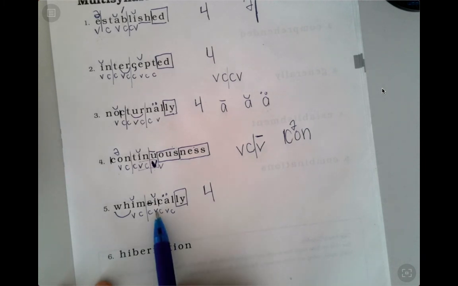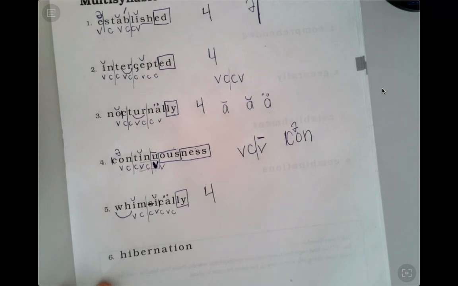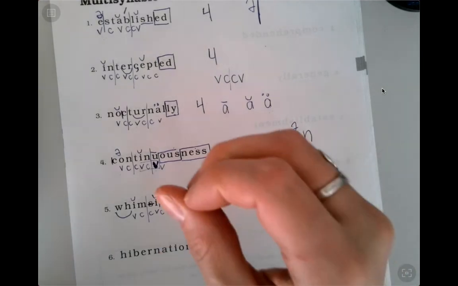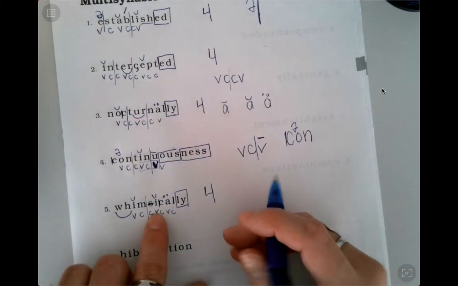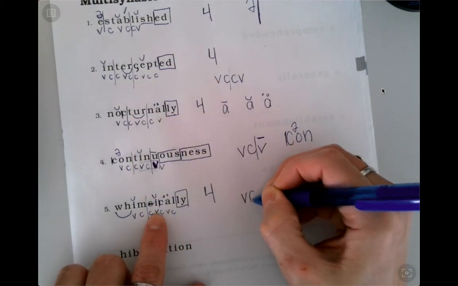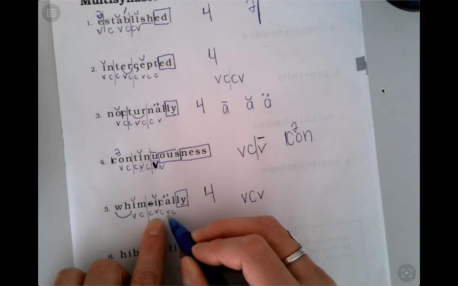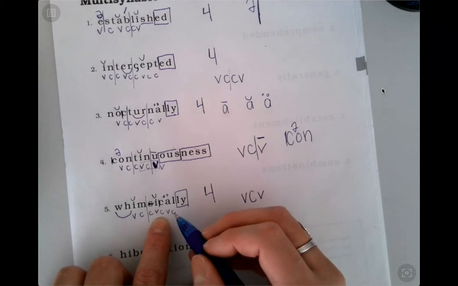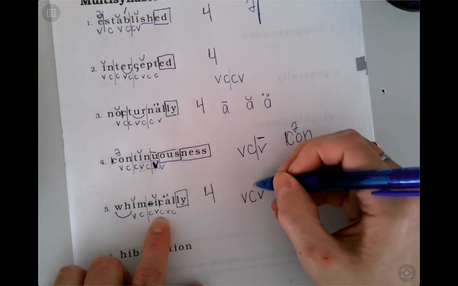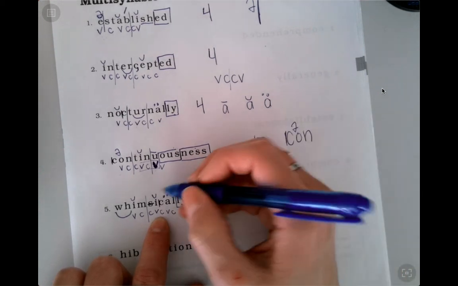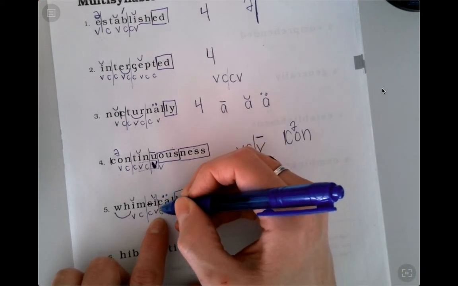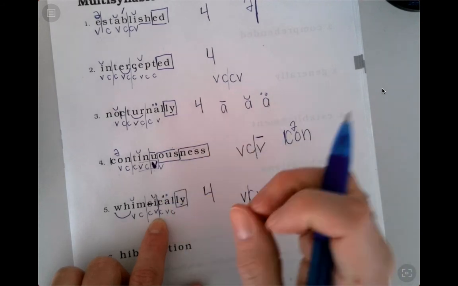Is it between the vowel consonant or the consonant vowel? That's the hard part. Let's do our hands. Whimsically. So it's like this. Vowel, consonant, vowel, right there. Whimsy. Gonna be right there. Whimsically. That one is really tricky too. Right there.